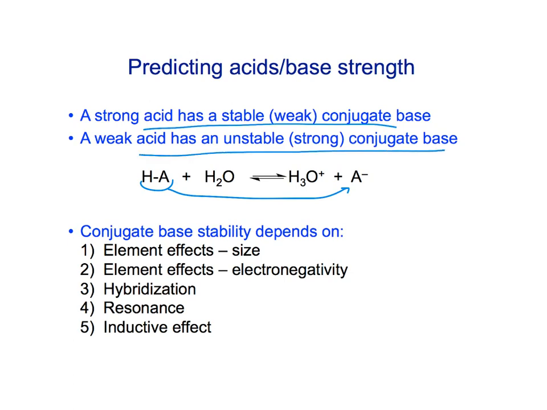We looked at these 5 things that can influence the stability of the conjugate base. We looked at the size of that atom, the electronegativity of that atom. We looked at how hybridization can change the acidity. We looked at the presence of resonance and inductive effects.